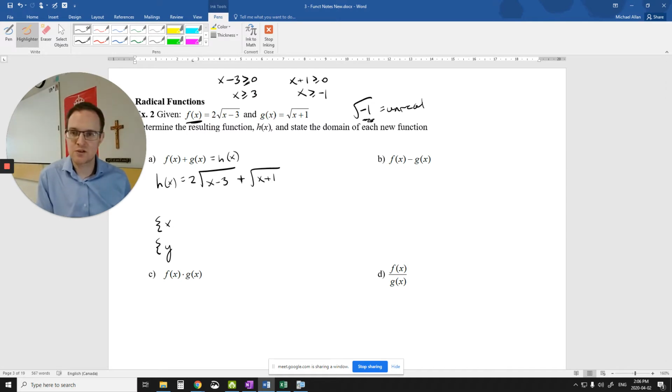So when I look at these two graphs, and you're going to see this graphically, when I add two graphs together, I'm going to have a graph that starts at 3 and goes this way. Then I have a graph that starts at negative 1 and goes this way.